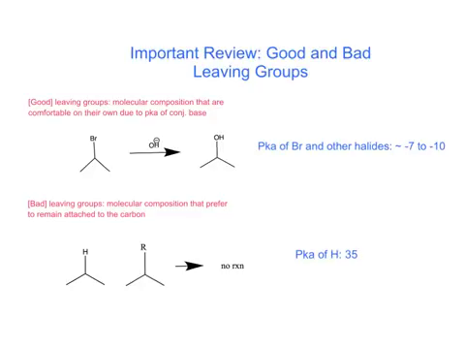We notice that the pKa of hydrogen is much higher at 35, while most R groups have a pKa much closer to 50. R group is an abbreviation for any group in which a carbon or hydrogen atom is attached to the rest of the molecule. Sometimes oxygens can be used within this group.